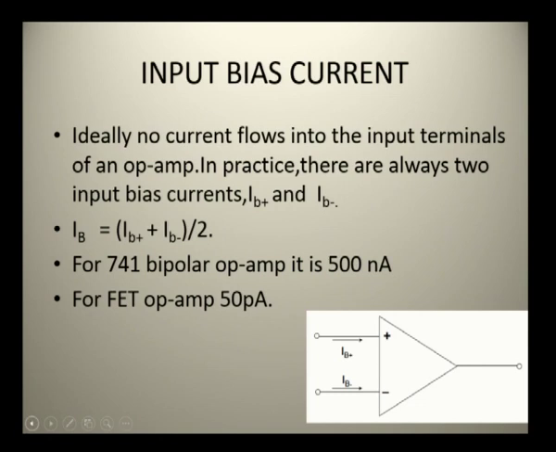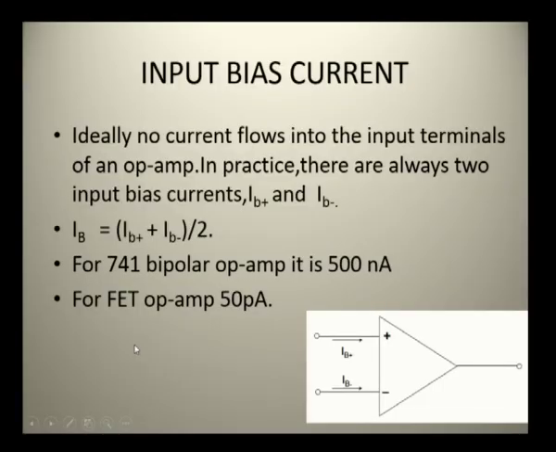The first point, the current drawn by the input terminal is 0 ideally, but in practice there will be some current drawn by the input terminals to bias the transistors inside the operational amplifier, and these currents are IB plus and IB minus, by the positive terminal and the negative terminal respectively.